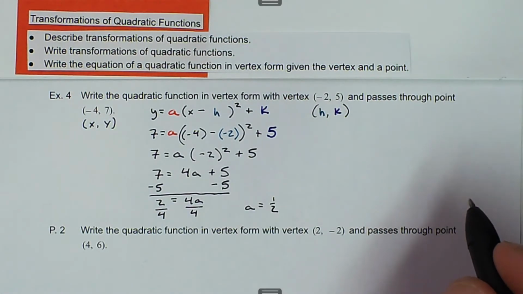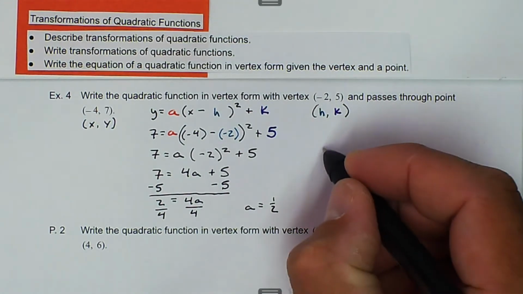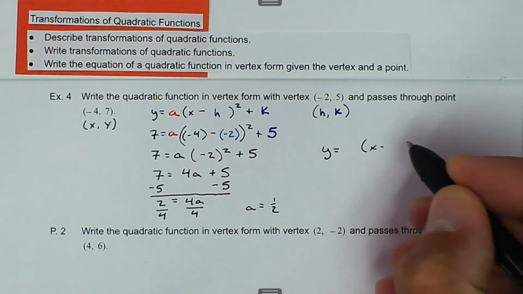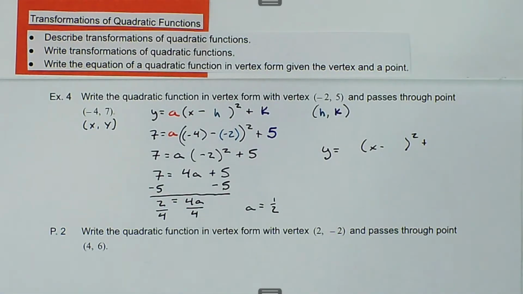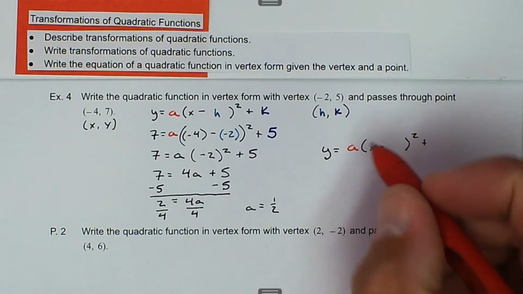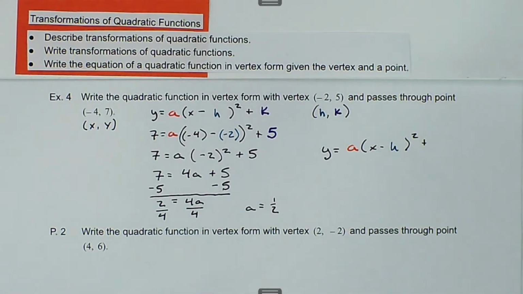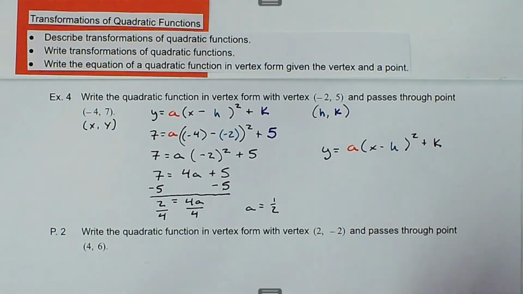So when we go to rewrite our formula, we have the same formula that we wrote before. y equals some quantity a times x minus h quantity squared plus k. So we have an a value, we have an h value, and we have a k value. So we should have been able to rewrite what we've had before.